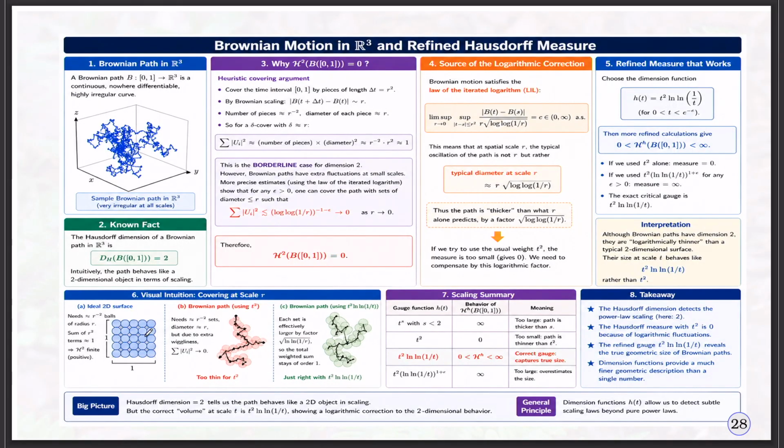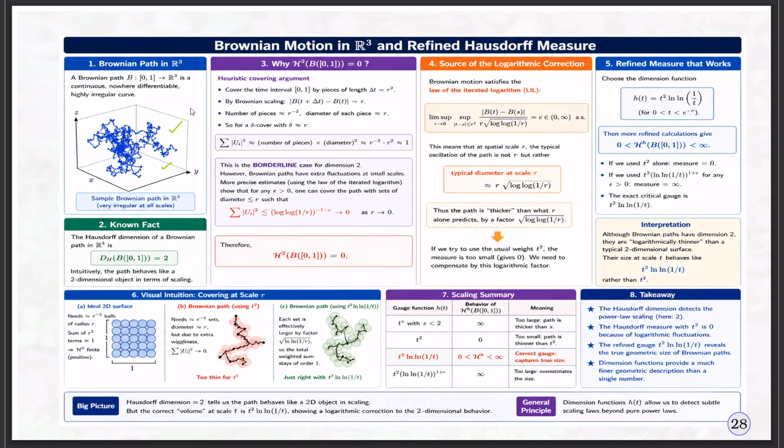Now let me define the Brownian path in R power 3. A Brownian path B from the closed interval 0, 1 to R power 3 is a continuous but nowhere differentiable function. That means a highly irregular curve in R power 3, very irregular at all scales.